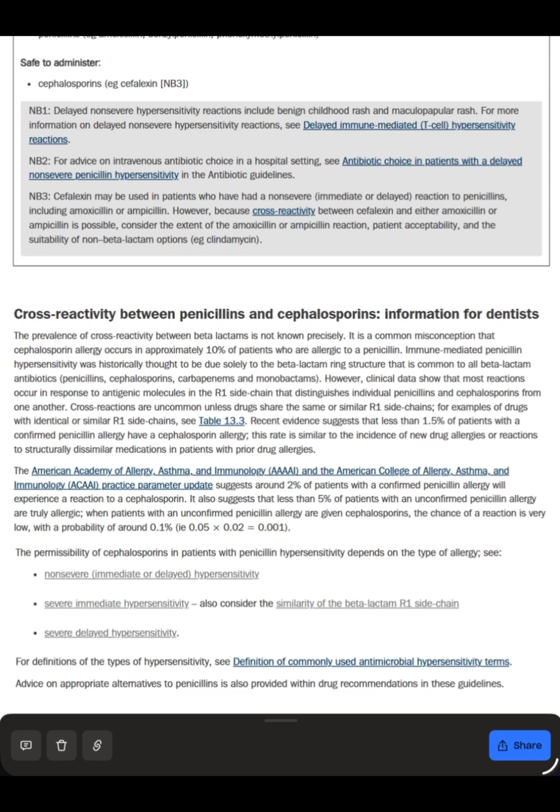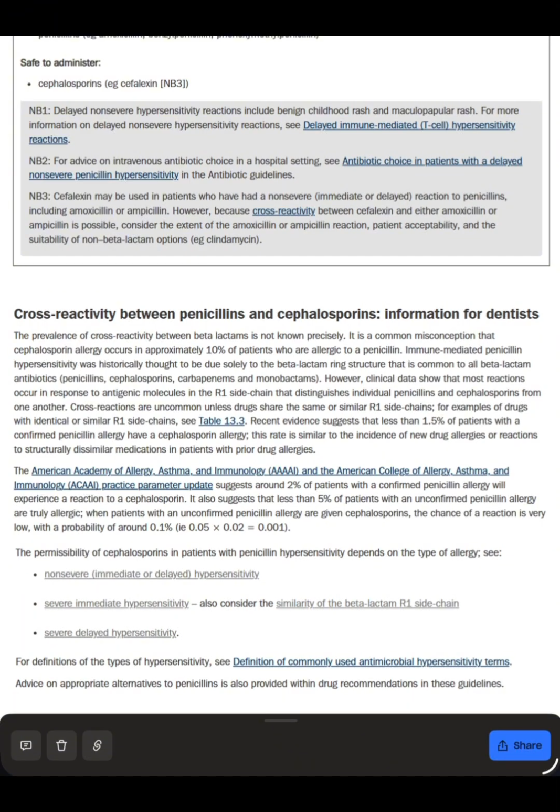Now, the American Academy of Allergy, Asthma, and Immunology, AAAAI, and the American College of Allergy, Asthma, and Immunology practice parameter update suggest around 2% of patients with a confirmed penicillin allergy will experience a reaction to a cephalosporin. Only 2% will experience a reaction to cephalosporin.